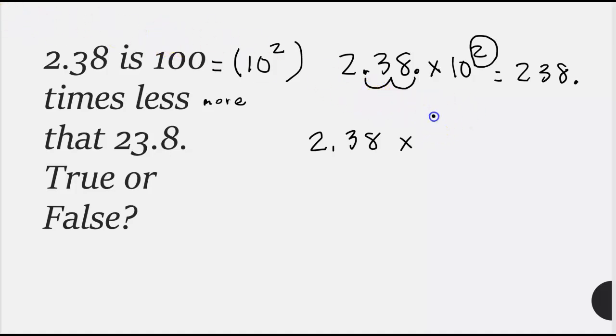Well, it is technically times, but 1 over 100, which is technically division because we're moving back this way. And if it is, I would have to move my decimal 1, 2 places to the left, which is going to be 0.238. So is this true or false?